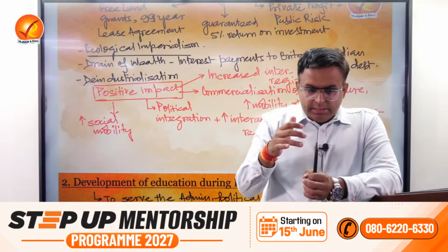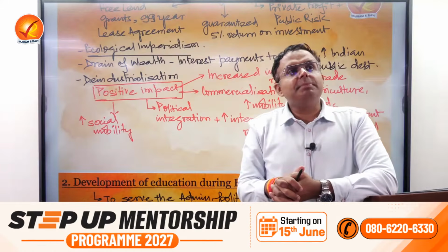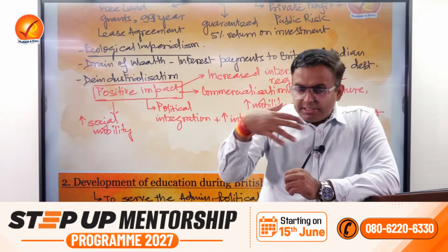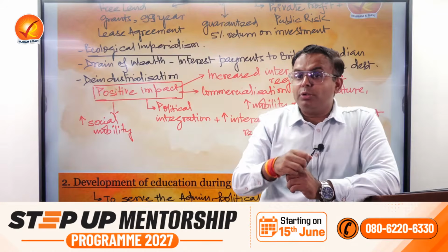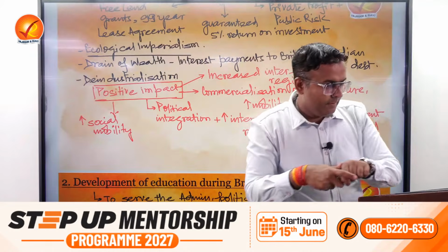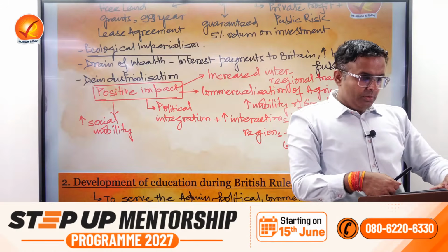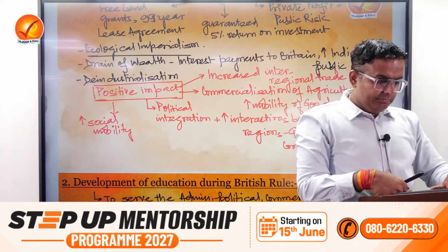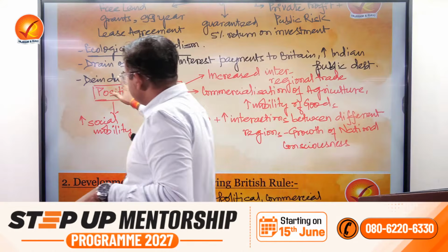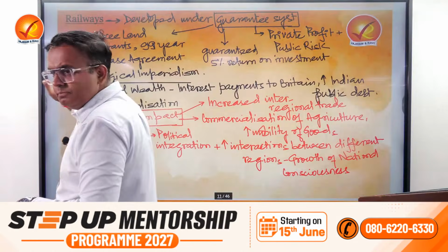Because railways enabled people in different parts of India to interact with each other. And this interaction played an important role in the growth of national consciousness. Social mobility increased. So railways, yeah. Agreed.